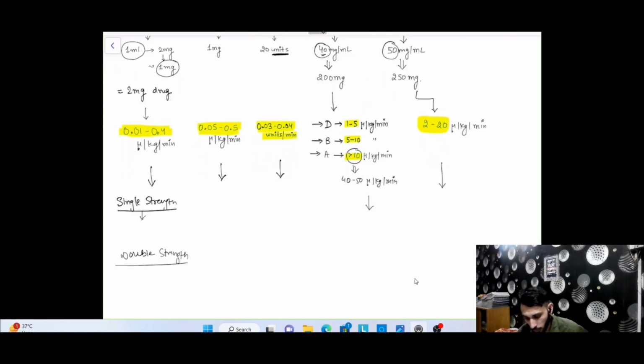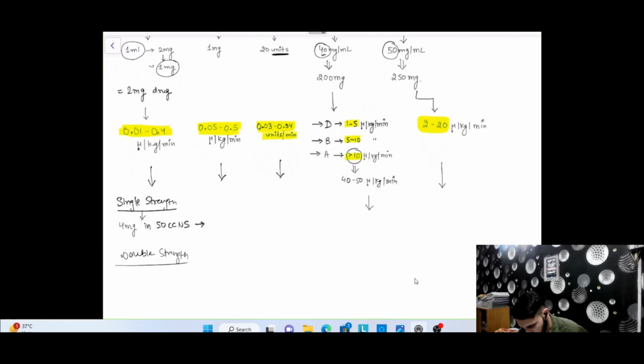So in single strength, we are basically using 2 ampules. Because each ampule contains 2 ml, there will be a total of 4 mg of drug in 50 cc total. So we are using 46 ml of normal saline and adding the 4 ml of NORAD to it.